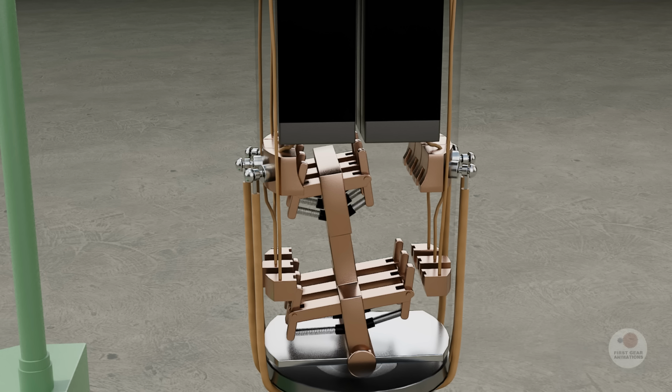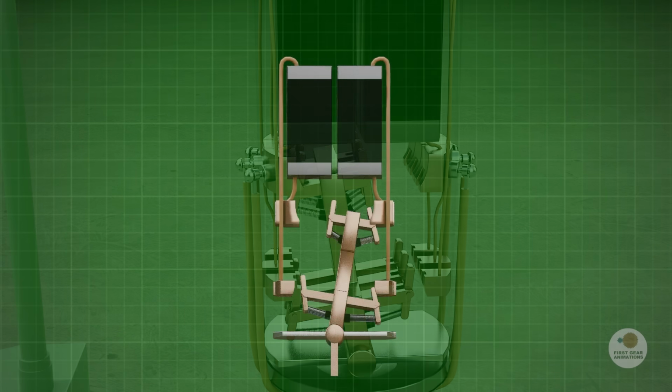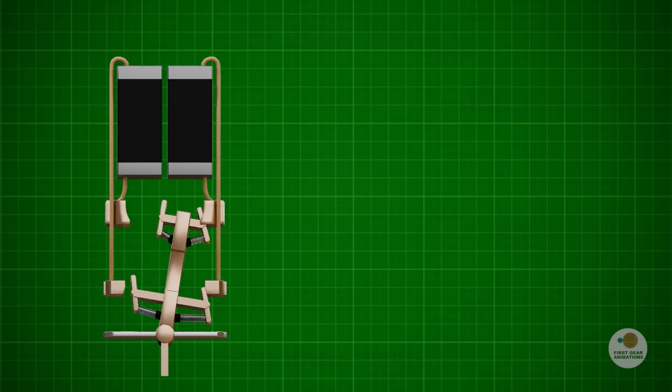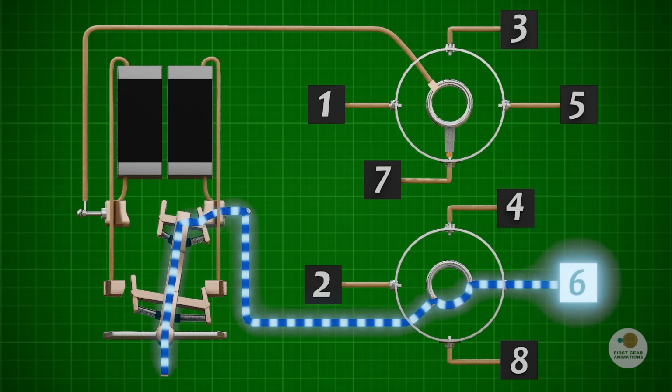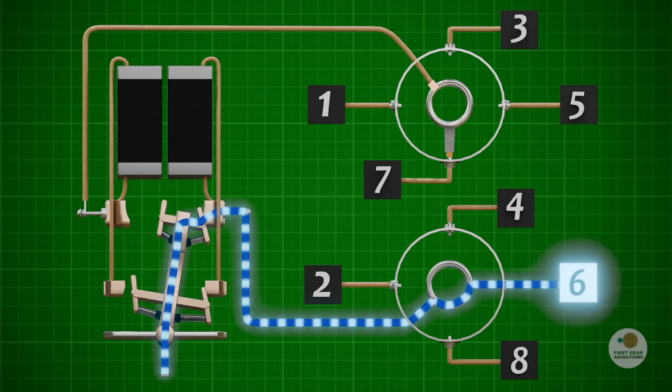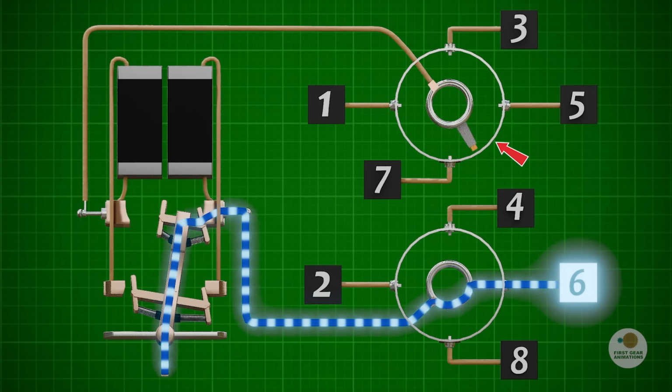This process follows the make-before-break principle, ensuring the circuit is never opened and the load current flows continuously without interruption. The taps are divided into two groups: odd-numbered taps and even-numbered taps. Each group is handled by its own tap selector. In this illustration, the diverter switch is currently connected to the even side at position 6. To switch to tap 5, the selector on the odd side first quietly moves to position 5.